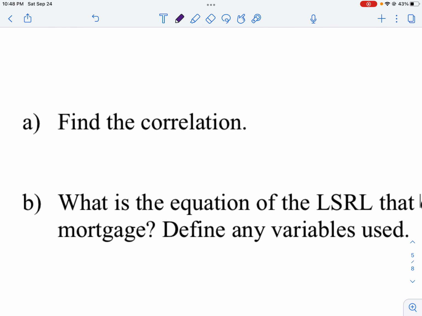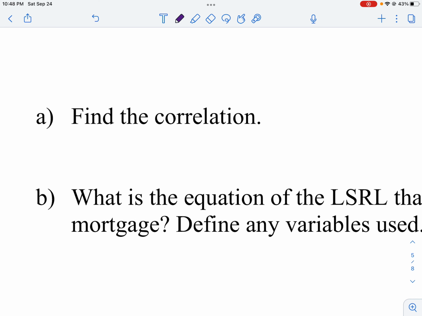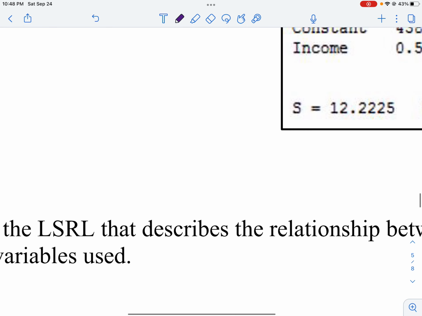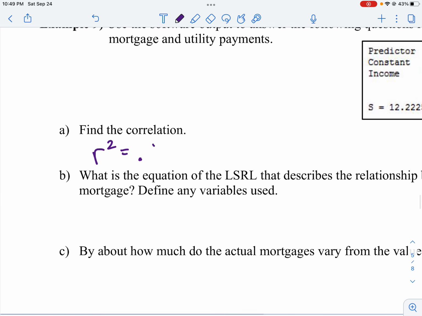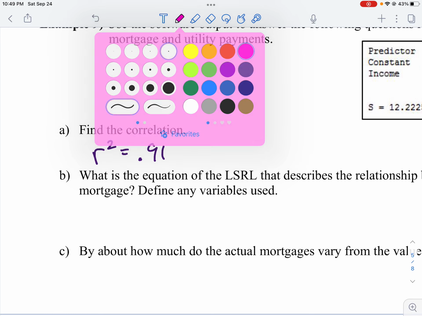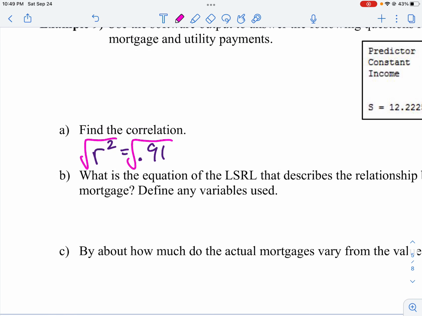So, part A, find the correlation. We just need to know that means what is R. Well, first of all, it doesn't tell us what R is. It tells us that R squared is 91%, in other words, 0.91. So if I want to know what R is, I take the square root of each side.